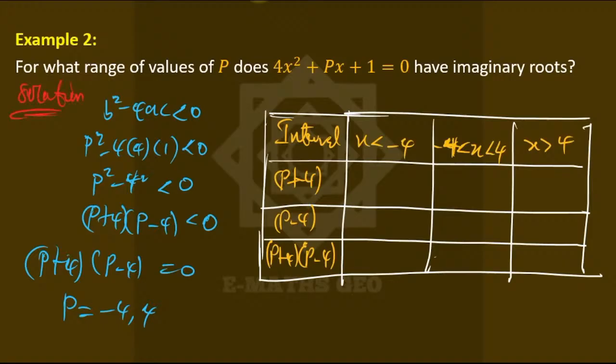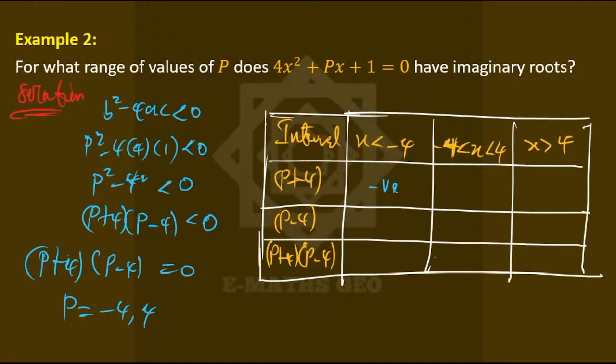So let's now check. If you pick a number that is less than minus 4, which is minus 5, minus 5 plus 4 will give us a negative answer, that's minus 1. Any number that you pick within this range will always be negative.